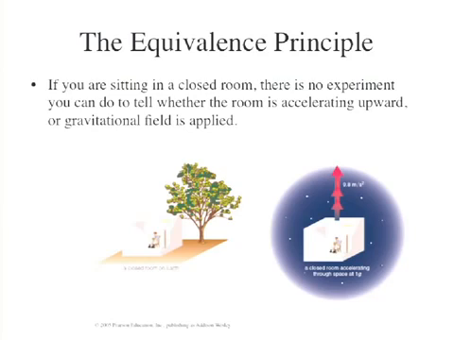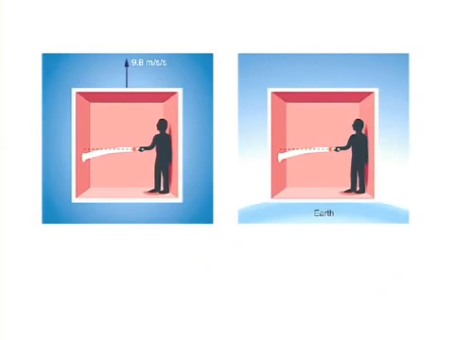All right, now, here's an example. If you're in a rocket ship that's being pulled up, it's a boosting rocket ship boosting up that way. Now, what happens if you shine a light across the frame?